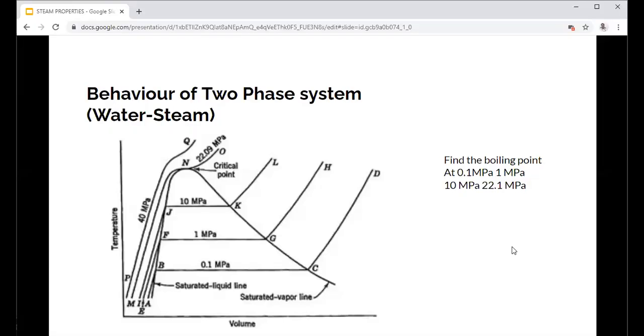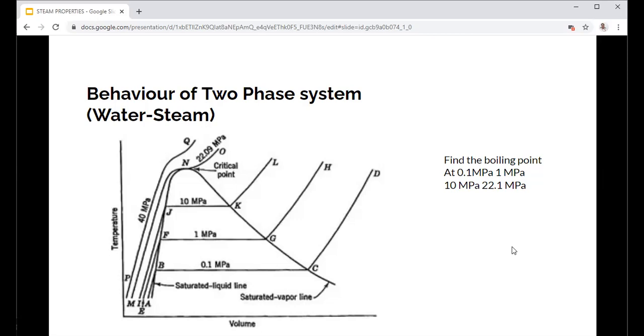Okay, so if the steam is wet, then we need to use the expressions hf plus x hfg, vf plus x vfg, and sf plus x sfg for finding the corresponding enthalpy, specific volume, and specific entropy.